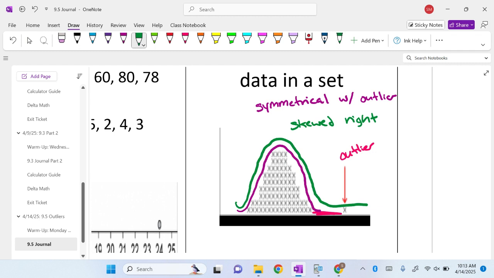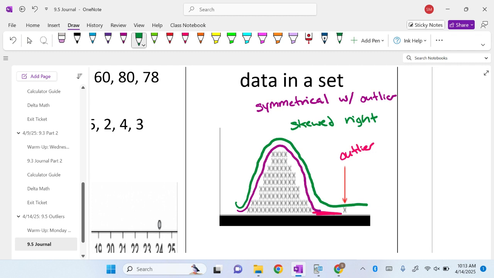For example, I talked about this last week: whenever a teacher curves a grade, sometimes they will base it off of a symmetrical curve or bell curve. Let's say that on a test, the average was about 65, 70, meaning most of you got between the B and D range.